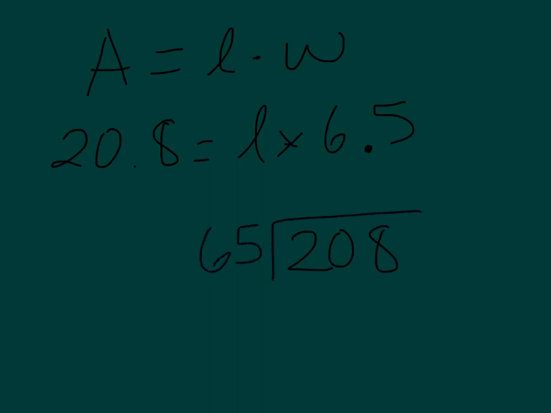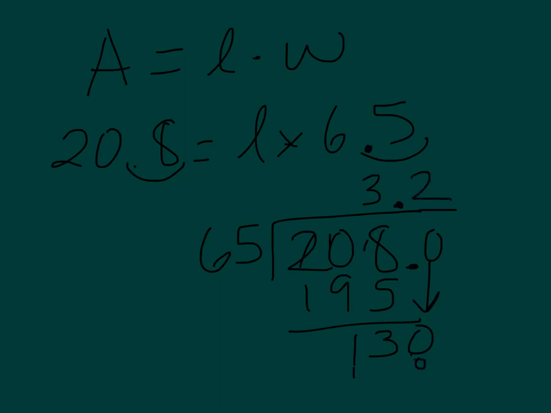So my problem will end up looking like this because they both moved over like this. I did the first part of this where I divided it out. I had to add in a decimal point and a 0 to bring that down. And then I'm going to guess that 65 goes into 13 or 132 times because 6 goes into 13 twice. And I end up getting it right on the money. So the door is 3.2 feet wide, or each door is.